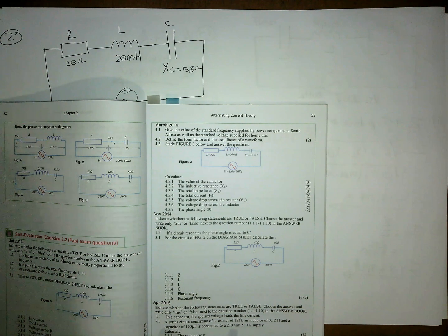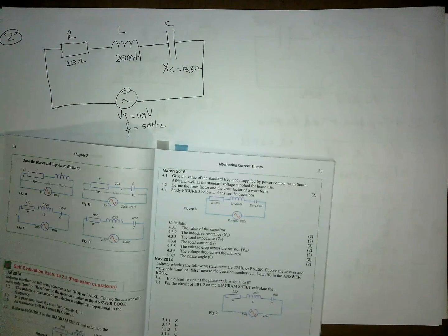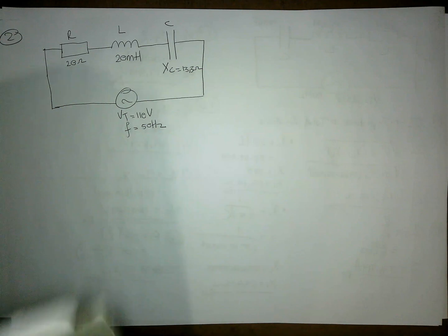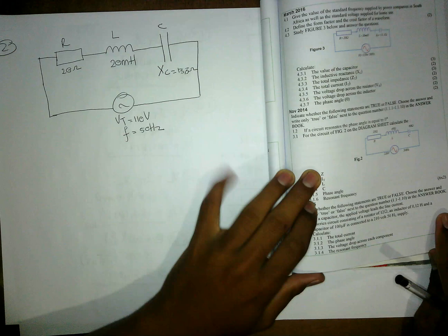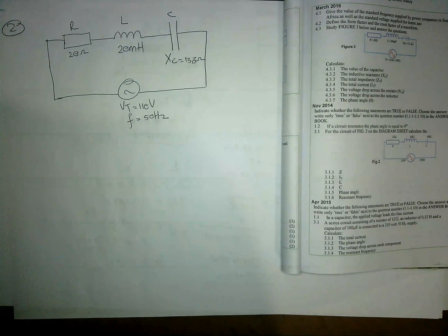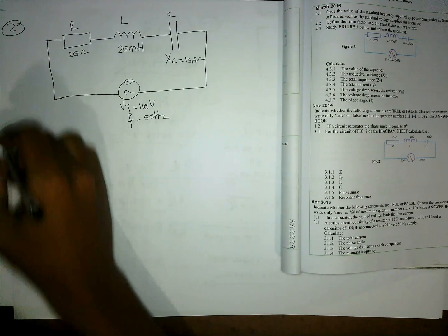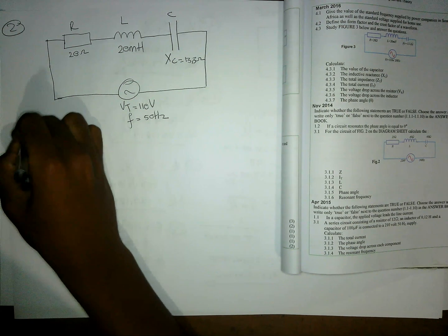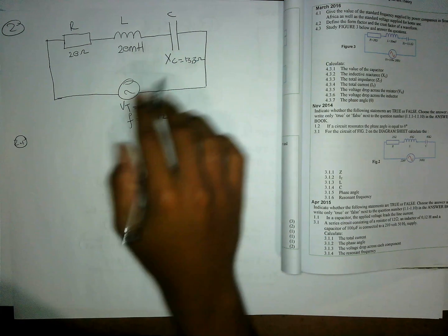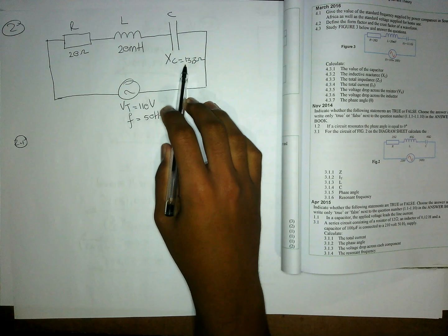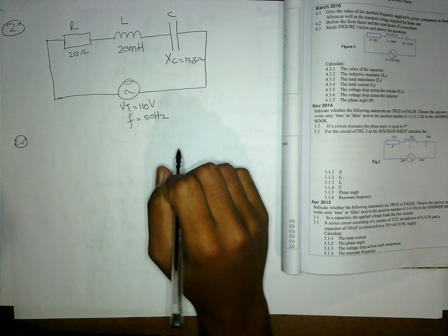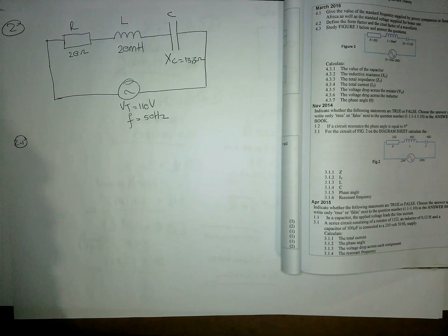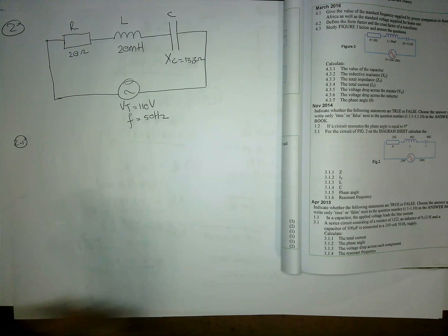So for the first question they are saying, calculate the value of the capacitor. So we're just gonna manipulate this formula. What we do a lot is manipulate the formulas, so you need to know how to manipulate formulas.